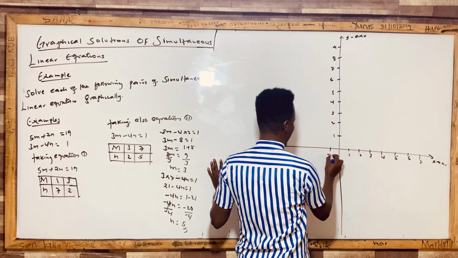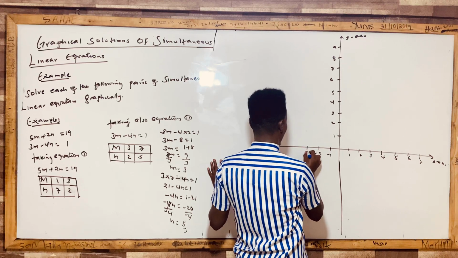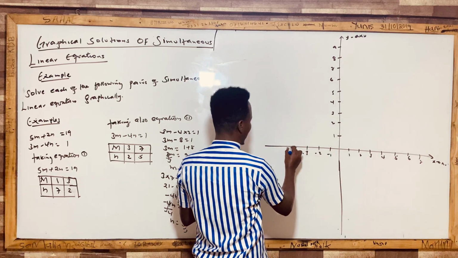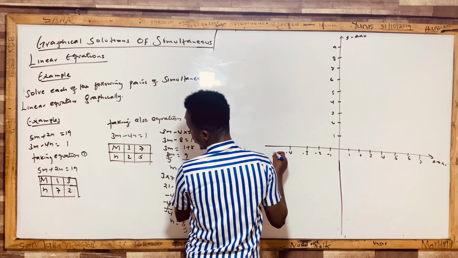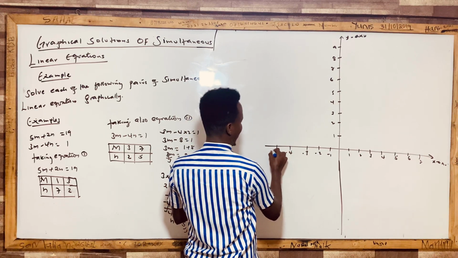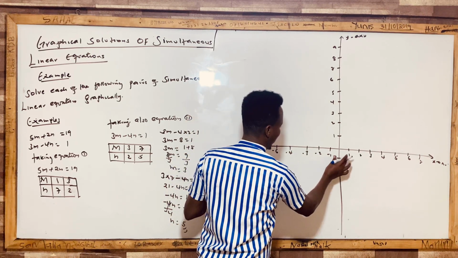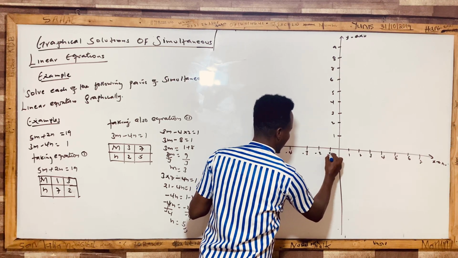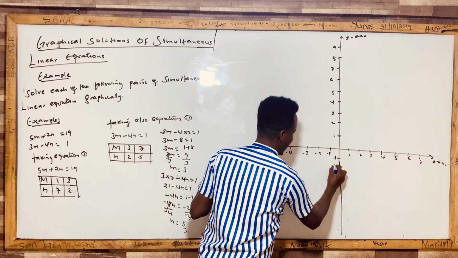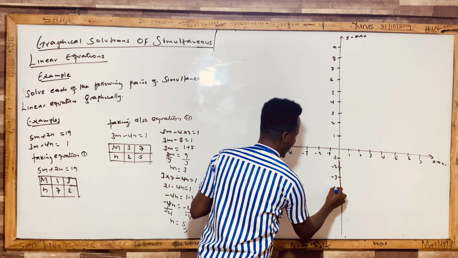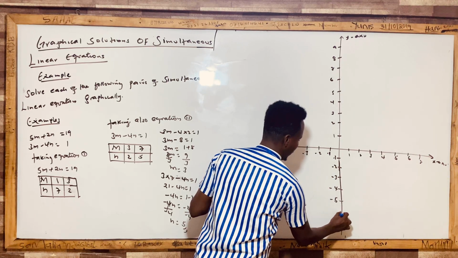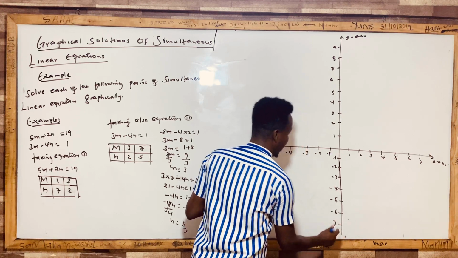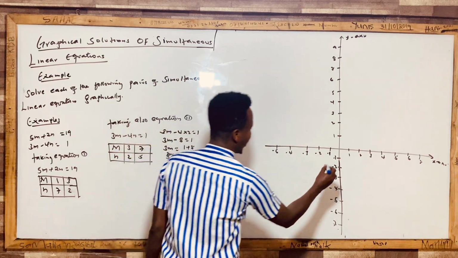Then this is negative 1, negative 2, negative 3. I think we don't have negative numbers. Negative 4, yeah, we don't have. Negative 5. This is negative 1, negative 2, negative 3, negative 4, negative 5, negative 6, negative 7. Don't forget to write here 0.